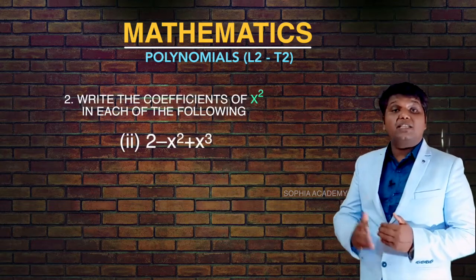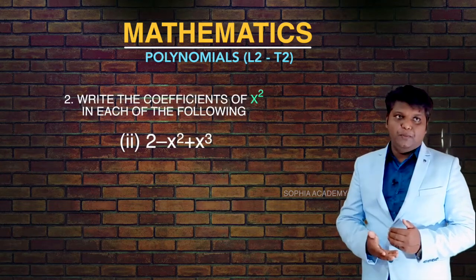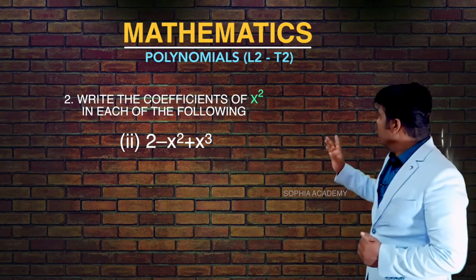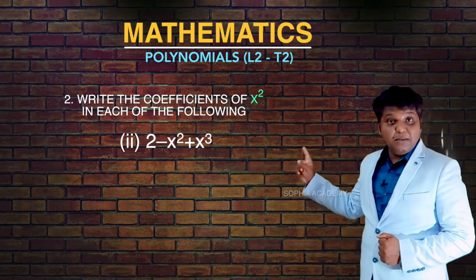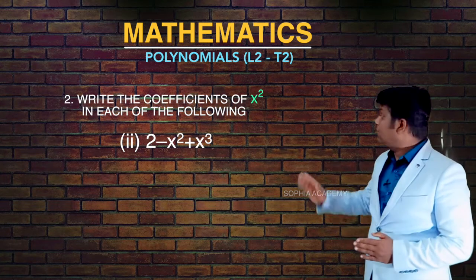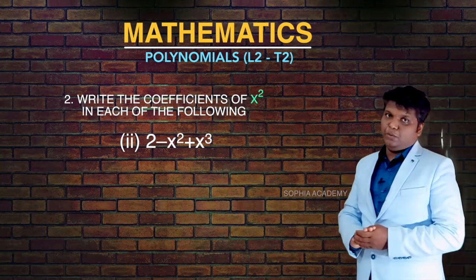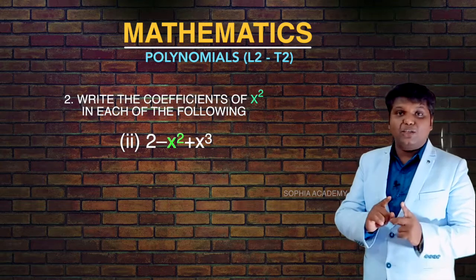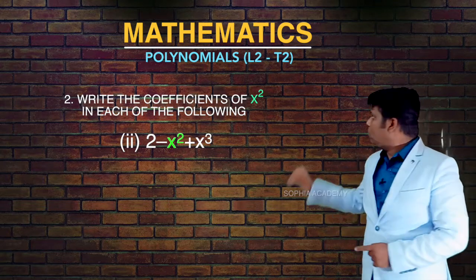Coming to question number 2: 2 minus x square plus x cube. There are 3 terms again. The first term is 2, the second term is minus x square, the third term is plus x cube. As I told you earlier, focus your eyes on x square, the term which we need.